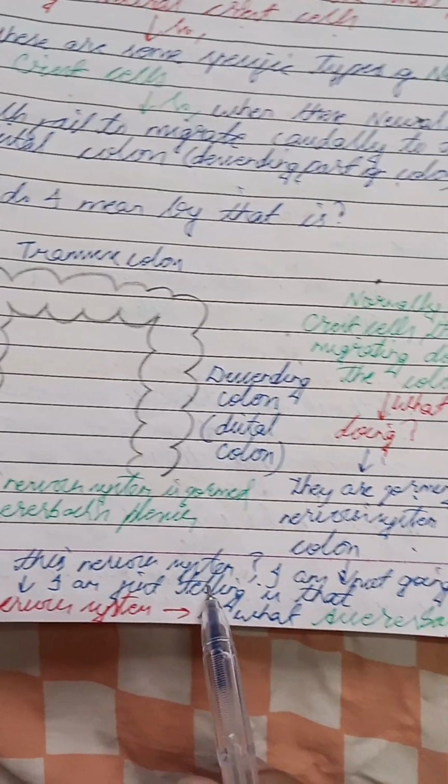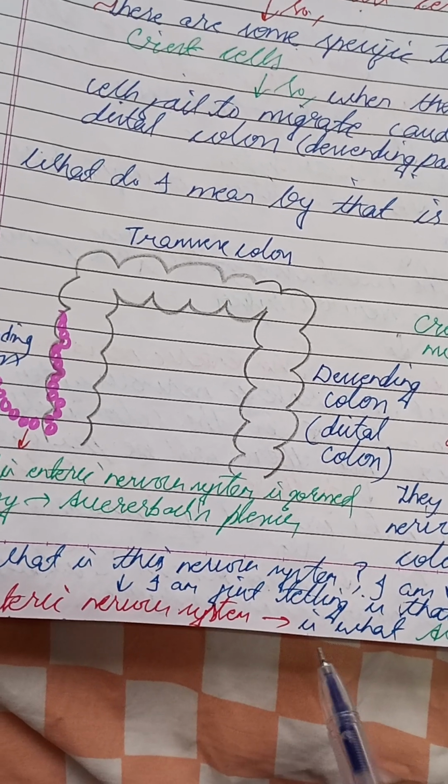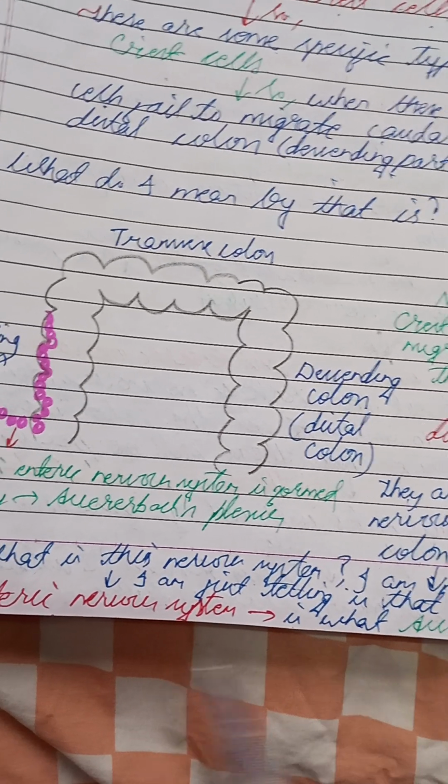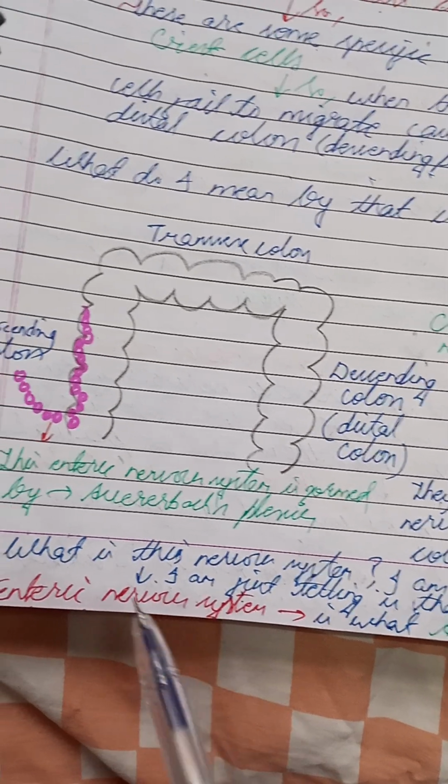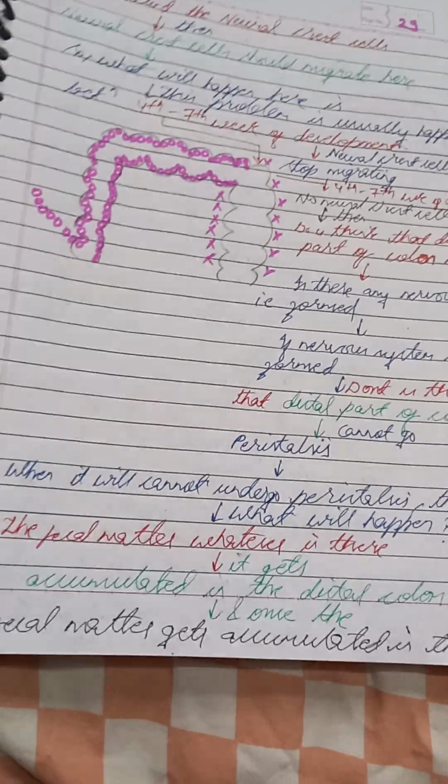What is this nervous system? I am not going to tell you in detail. I am just telling you that this is the Auerbach plexus, that is the enteric nervous system. This enteric nervous system is formed by the Auerbach plexus. See here.